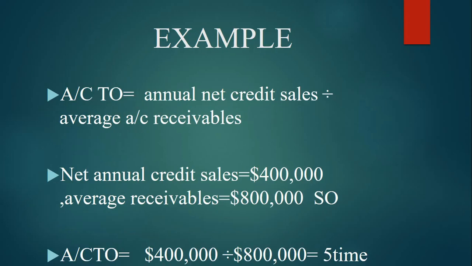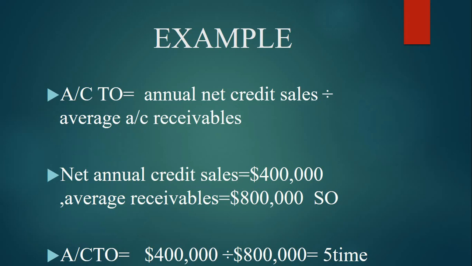So we take the example. The formula is the annual net credit sales divided by average accounts receivable. To calculate the average accounts receivable, it is the beginning accounts receivable plus ending accounts receivable divided by 2. Here the annual net credit sales are $4 lakhs and the average accounts receivable is $8 lakhs.